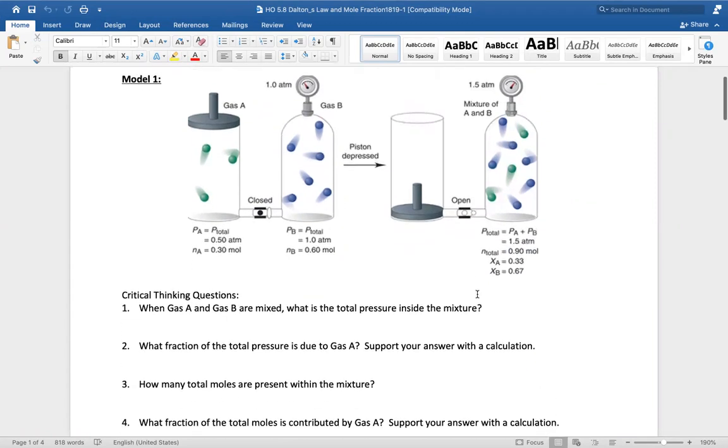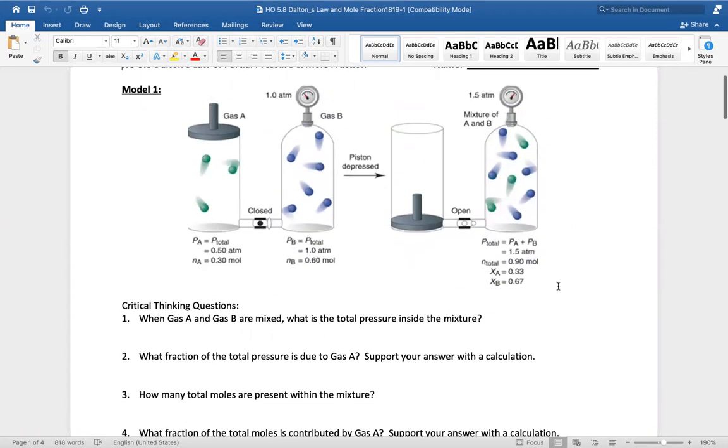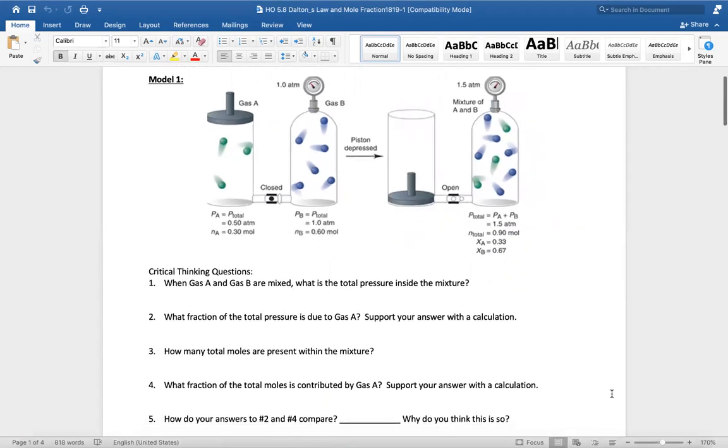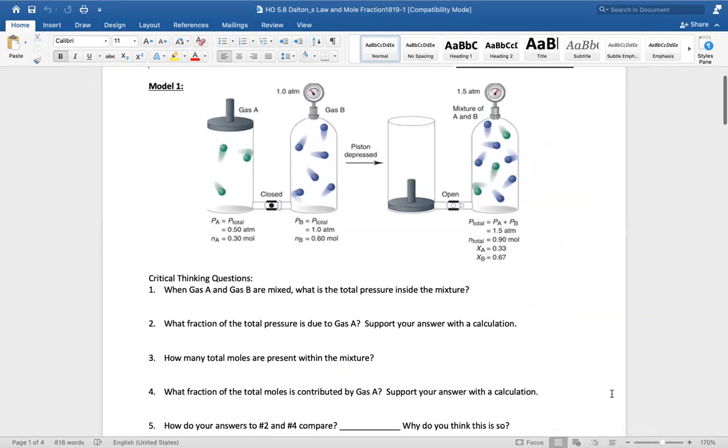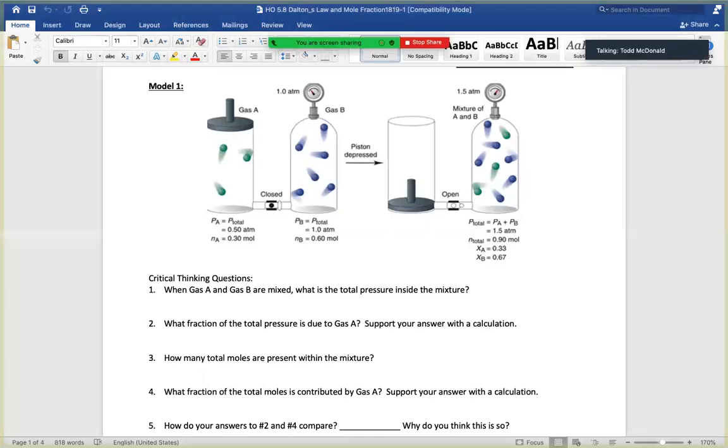All right, hopefully you paused and now you're back. Let me run through the answers to Model 1 to make sure you got the big picture items of this handout. If you're having trouble looking at this, here's what's going on. We have gas A on the left in this container and gas B on the right.